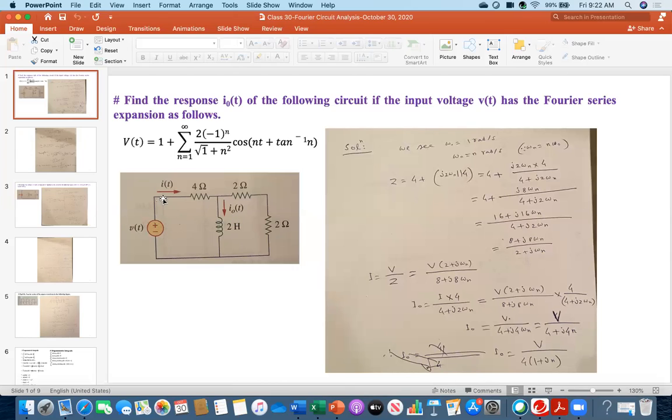So therefore, all the total current will flow through only this short circuit. No current will go through this path. So this means your V is one volt, so 1 divided by 4. This will be the only impedance in the circuit because this portion is short circuited. So 1 over 4, that will be your current. Everybody, could you follow what I'm saying?